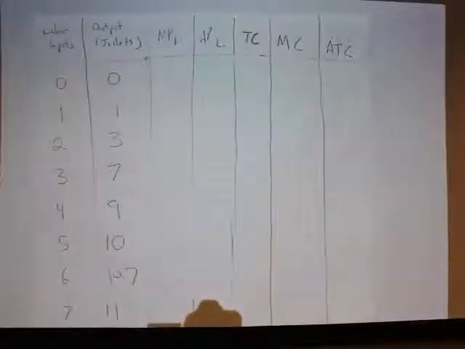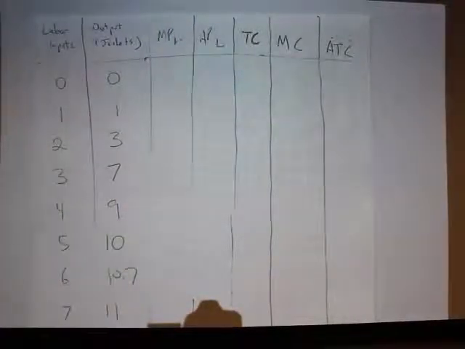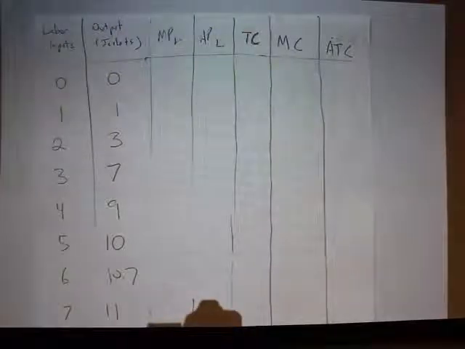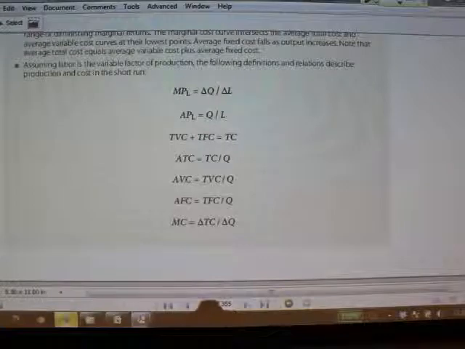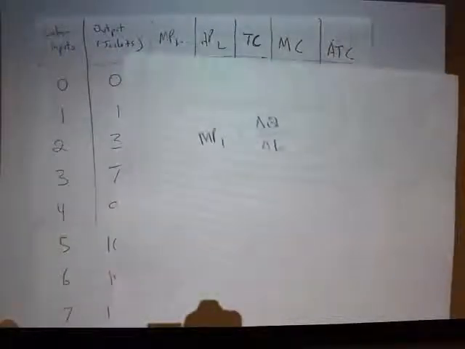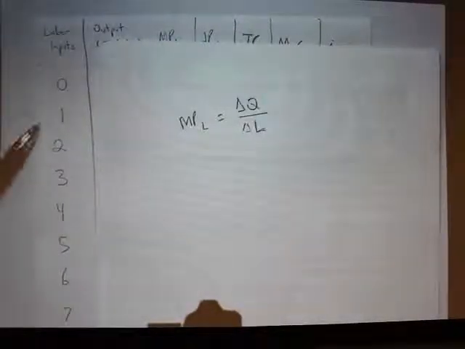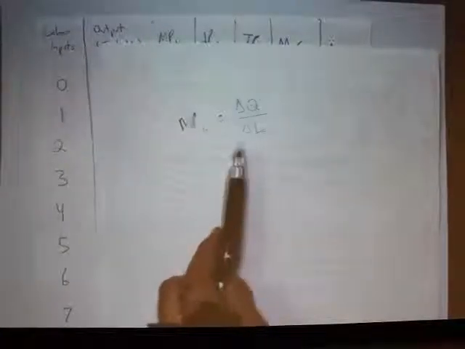So we can calculate at first the marginal product of labor and the average product of labor. Let's recall the formulas for those. So the marginal product of labor is the change in Q over the change in L. And so notice here, as we go from 0 to 1 and then 1 to 2, what's the change in L always? 1.